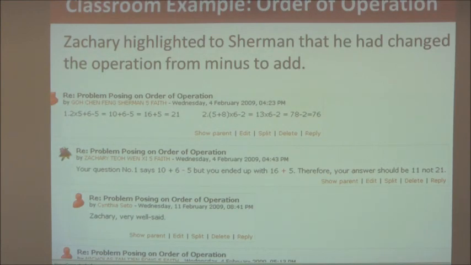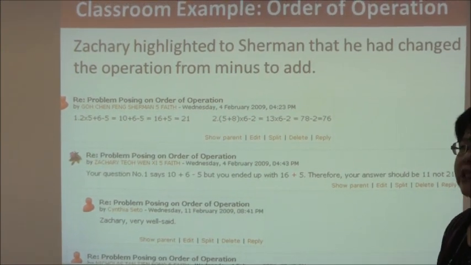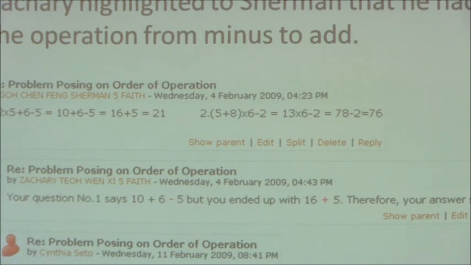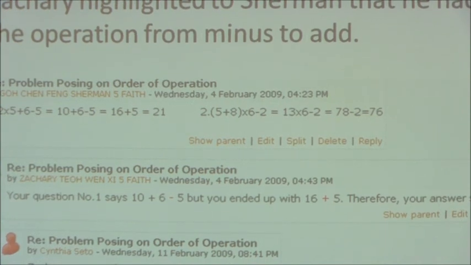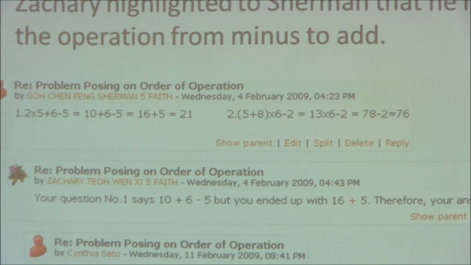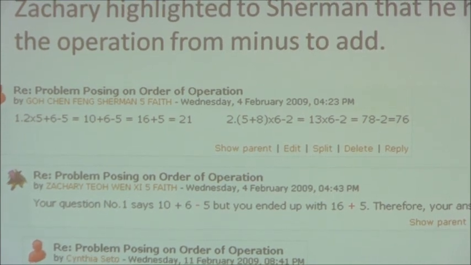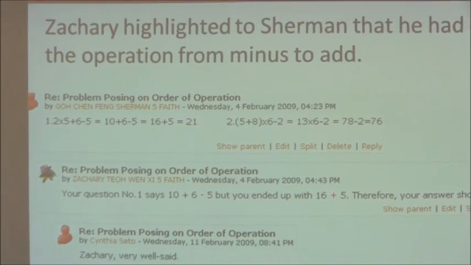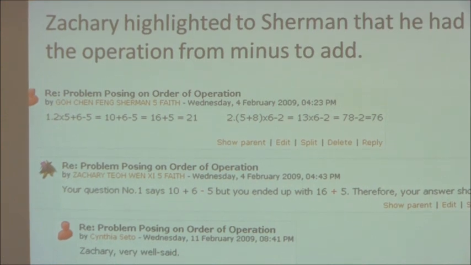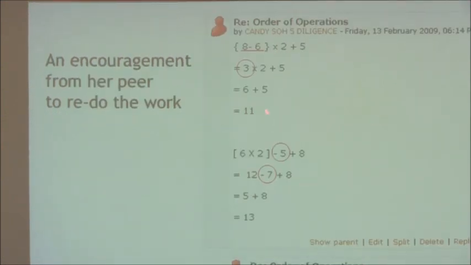Here are some more examples. Besides being able to communicate the steps they need to do for the order of operations, they also pick up some careless mistakes which children make. For example, in this case, one of the students highlighted that in the process of working, some children have the tendency of changing the operation from add to subtract, or there could be carelessness in the subtraction.